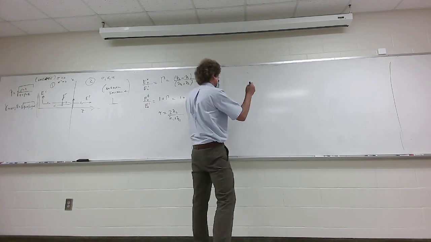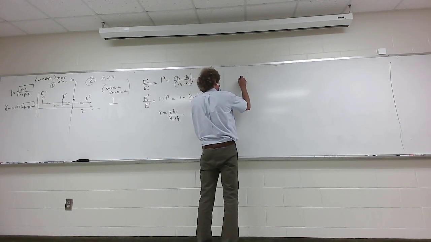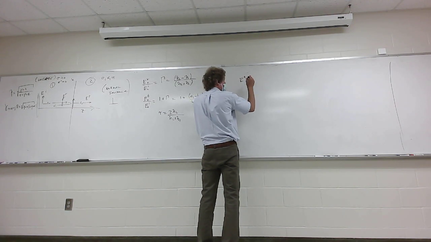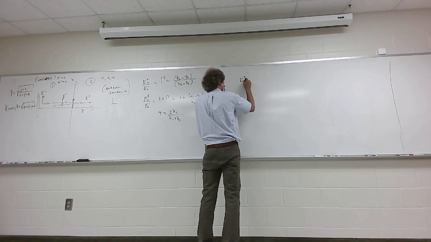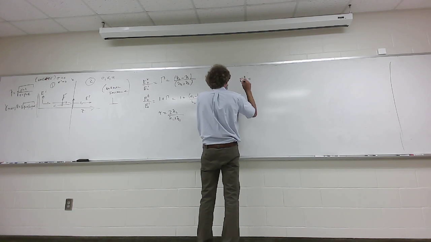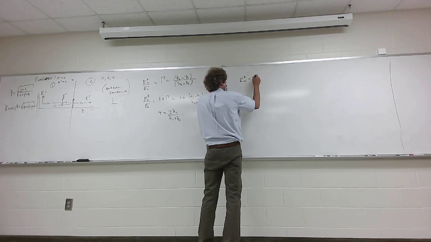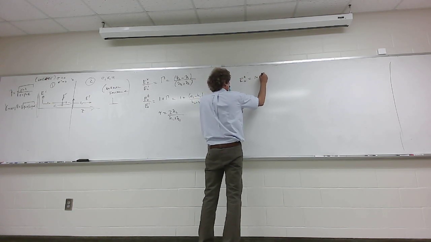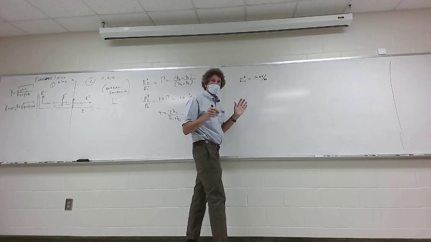Now let's give an example. Suppose I had the transmitted E field, and I'm going to give you that field quantity, the magnitude that's transmitted at the surface. Make it simple. Say it's 10 millivolts per meter, okay?